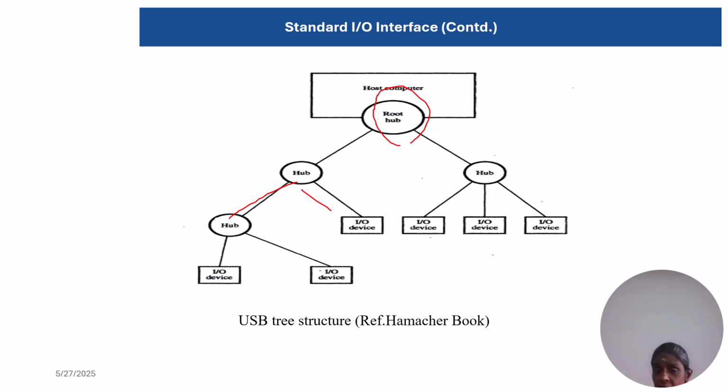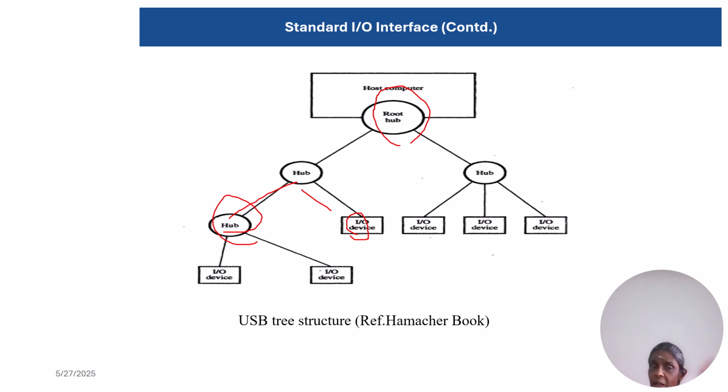A hub means the computer, but it may also be an IO device. One hub branches to another hub and an IO device.